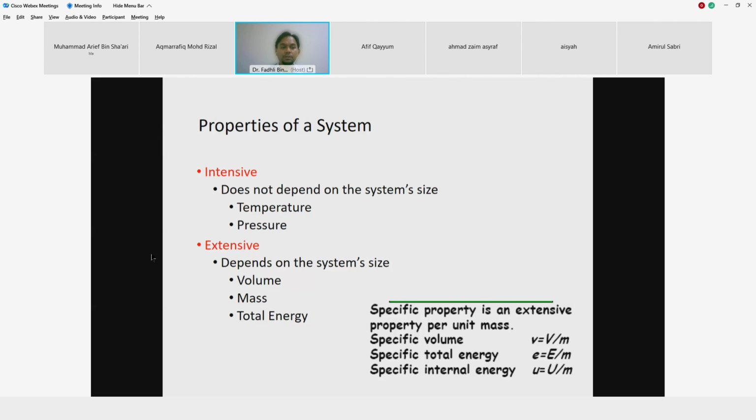Is the pressure reduced? It's not. Impossible. And pressure is called an intensive property. It does not depend on the size of the system. This is how we differentiate and determine the meaning of intensive and extensive properties.